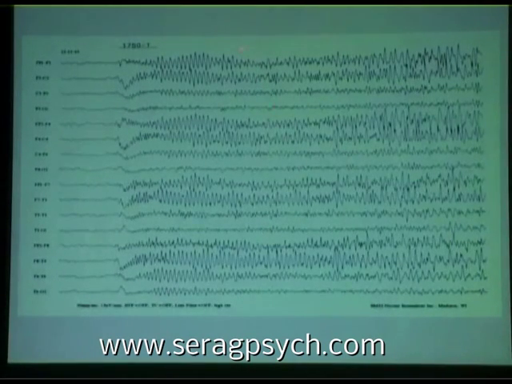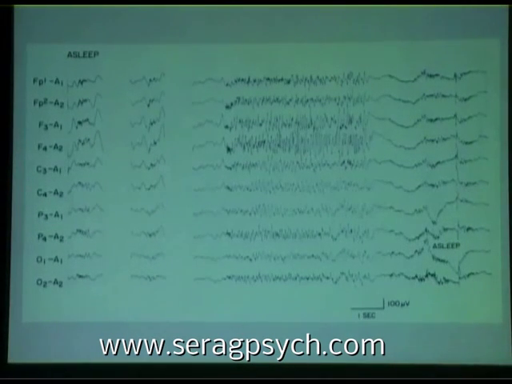In this case, you can see that it's an absence attack because there's no muscle activity associated with it. And this is always, in my experience, therapy resistant, very difficult. So if you see this in an outpatient, somebody coming with absence, you should tell the parents that this may be difficult to treat. Next, please.